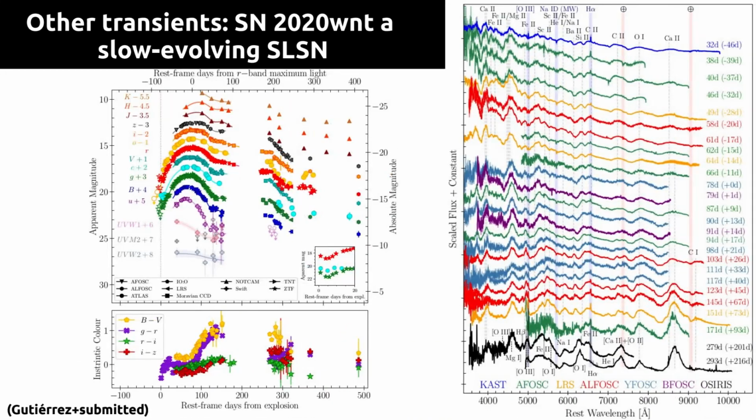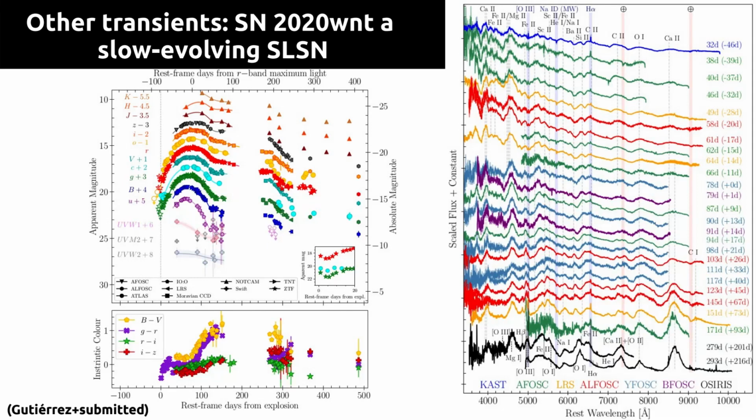So Max was talking about this object. It's a superluminous supernova, 20WNT. As you can see, we have a lot of data, both in the spectra and the photometry. The object was very peculiar, has a very slow rise to the peak, but has a bump at the beginning, as you can see in the small square there.